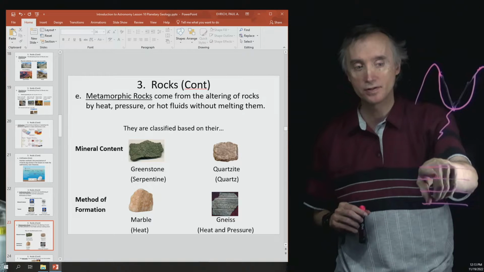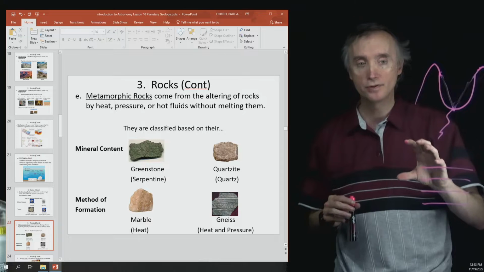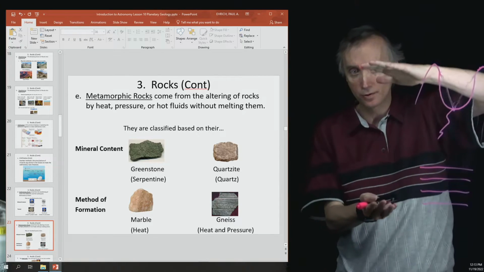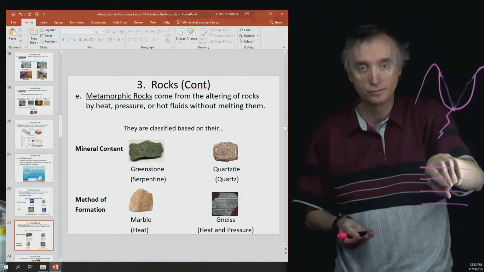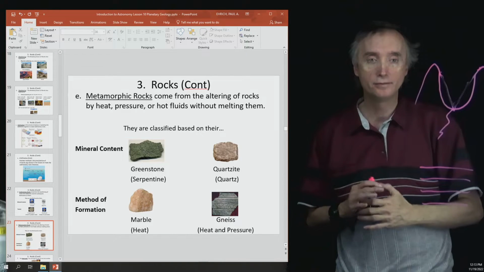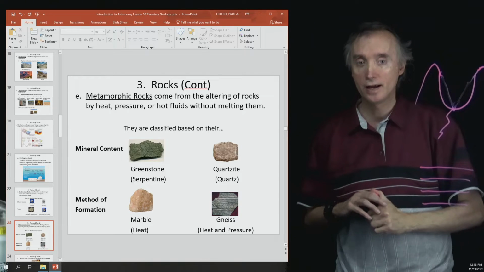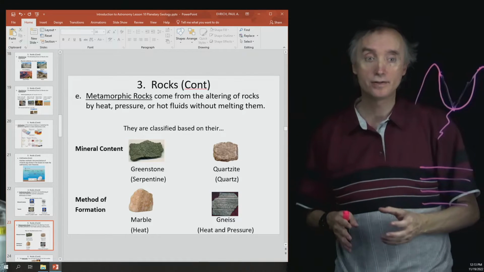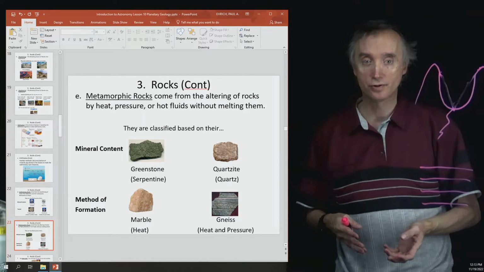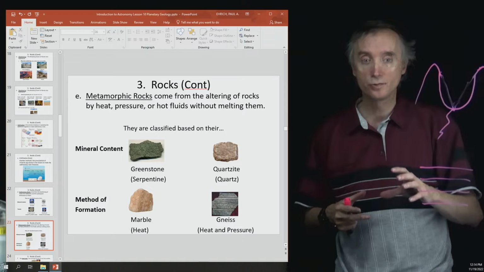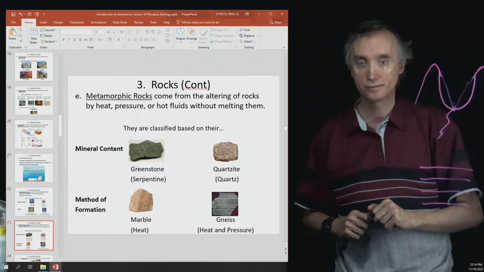This is called foliation, and what happens is the crystals under the pressure actually turn and they make these layers. Okay, don't worry about that for purposes of the exam, but that was called foliation. And so if you take granite and you subject it to heat and pressure, the crystals will start to realign and you end up with the metamorphic rock gneiss.